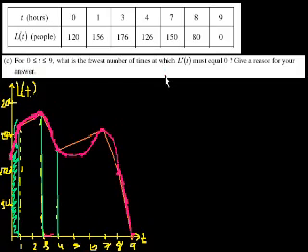Anyway, they say, what is the fewest number of times that L prime of t must be equal to 0? Well, what happens when L prime of t is equal to 0? That means that we are at a local minimum or a local maximum, or sometimes an inflection point. But we don't know that for sure. But at minimum and maximum points, we know for sure that L prime of t is equal to 0. And so we could just eyeball it.